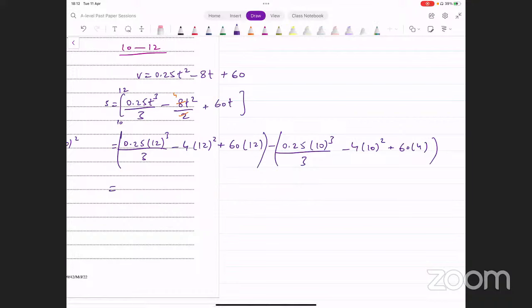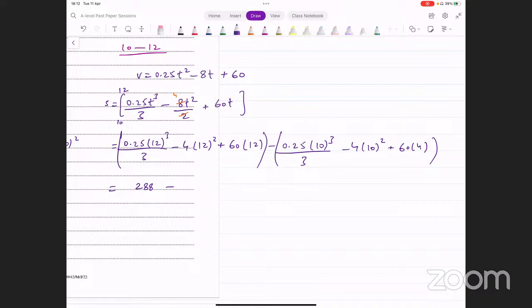0.25 into 12 cube divided by 3 minus 4 into 12 squared plus 60 into 12. This is giving me 288 first of all. Subtract from this that second case, 0.25 into 1000 divided by 3 minus 400 plus 60 into 4. And that turns out to be minus 76.67 for me.